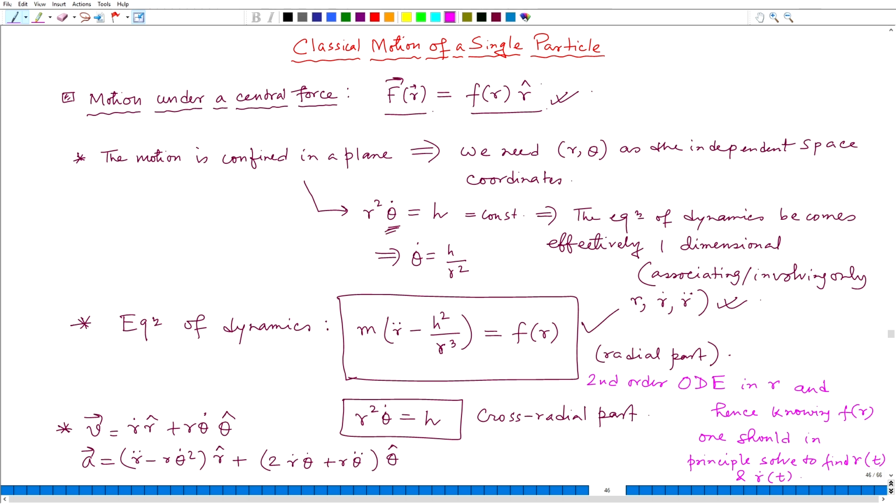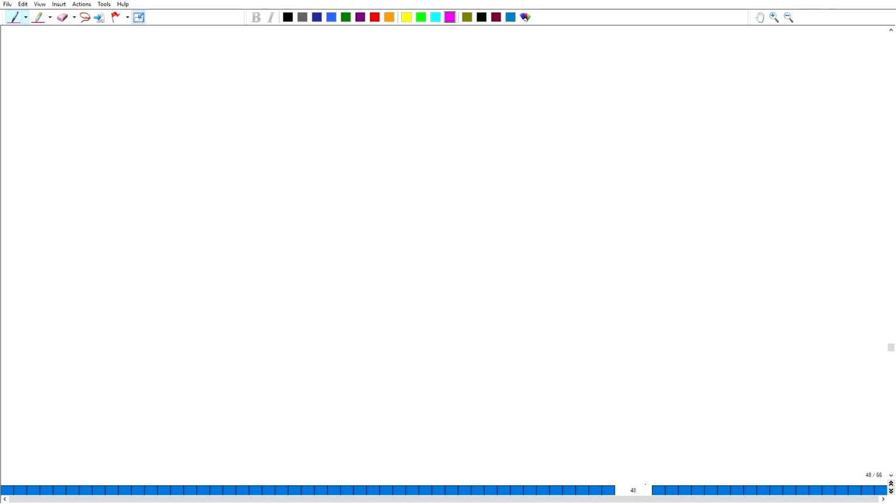Once r is obtained, then you know r square. Then you can find h by r square, which is theta dot, and from that you can also find theta, and then theta and theta dot are also known.